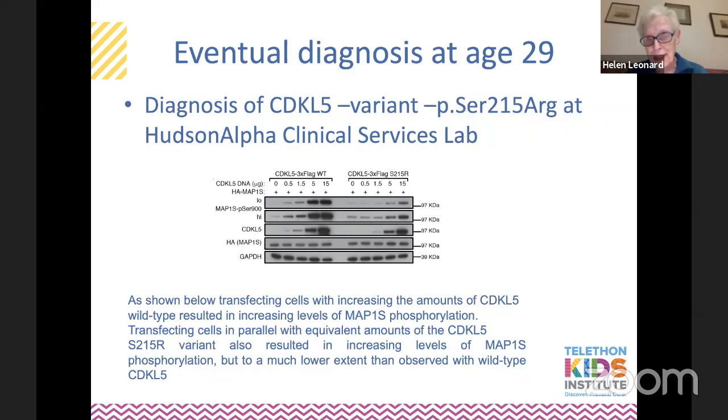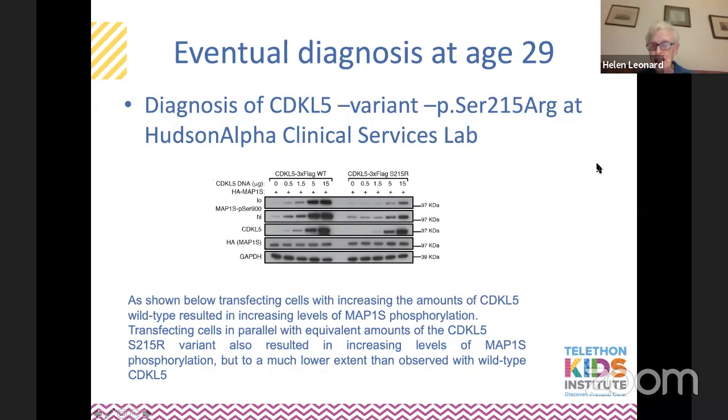Because she was so unlike CDKL5, we wanted to make absolutely sure that this variant was a truly pathogenic mutation, because there are lots of mutations in CDKL5 that aren't actually pathogenic, that are just normal variants. So was this really pathogenic or was it not?